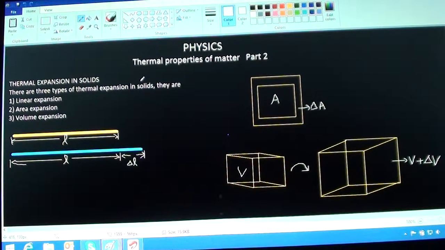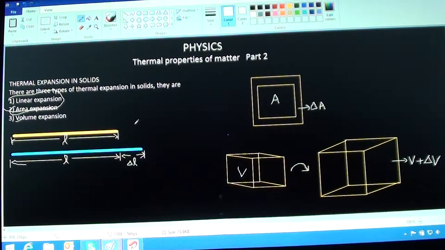Practically every solid expands on heating, more or less depending upon the material used. There are three types of thermal expansion in solids: linear expansion, area expansion, and volume expansion.